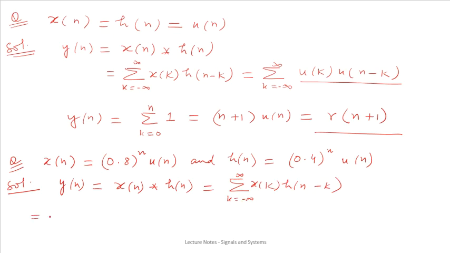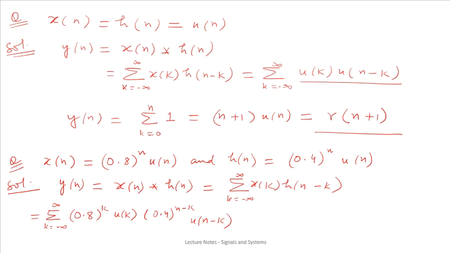In the next step you just have to put the expressions for xk and hn minus k. So it will be 0.8 raised to the power k uk and 0.4 raised to the power n minus k u of n minus k.